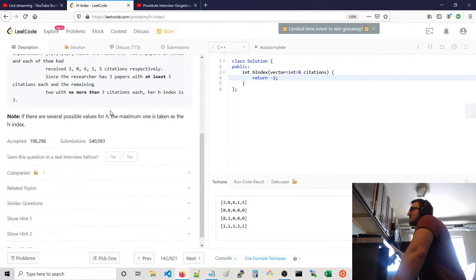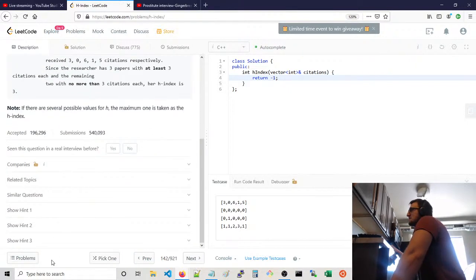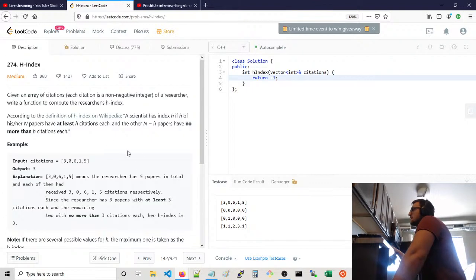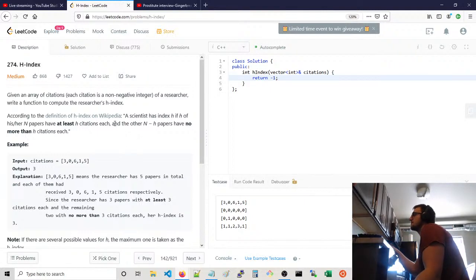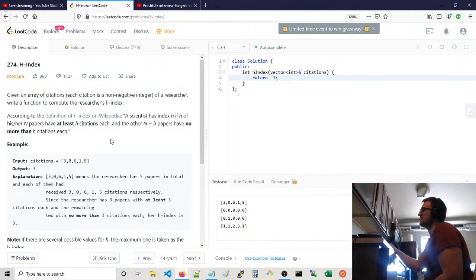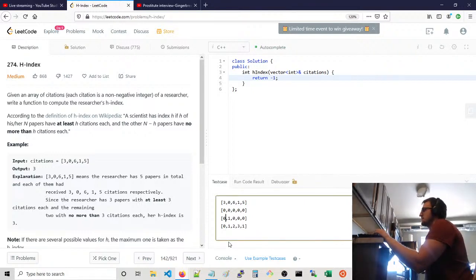I kind of want to look at the hints, but what I'm going to take this to mean is that we really just drop off the other portion. It's just that if you have at least H papers with at least H citations.